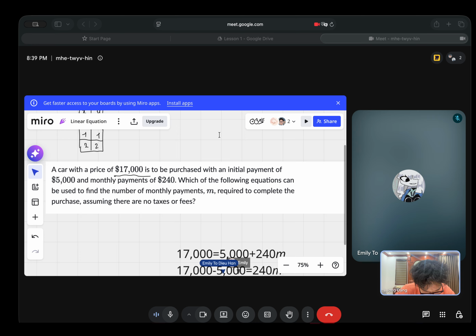So okay, that's fine. On one side here we have the 17,000 as a total price, right? And on the right hand side we're gonna put the total price in terms of m, the number of monthly payments, and we need to establish a linear relationship between them.